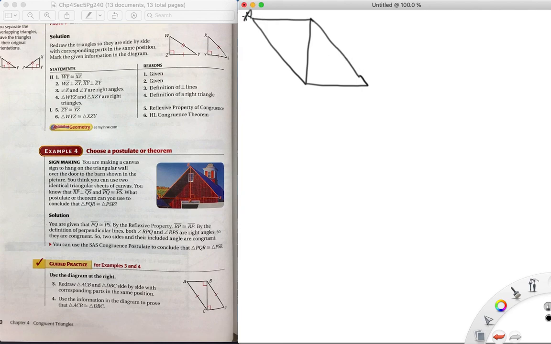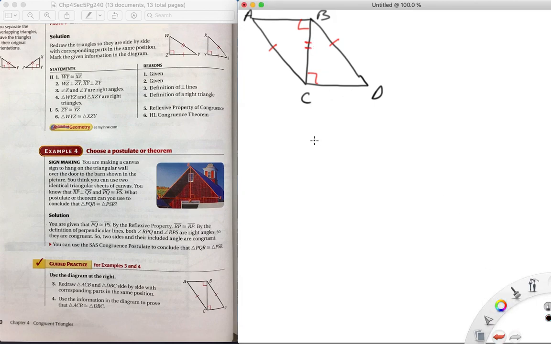This is A, B, D, and C. This is a right angle. This is a right angle. This is the hypotenuse on both sides. And then I can say that since they both share this guy, that's the leg. So that's the thought process behind this one.